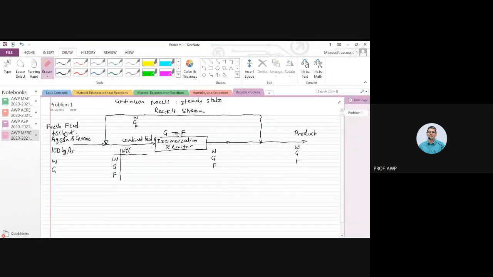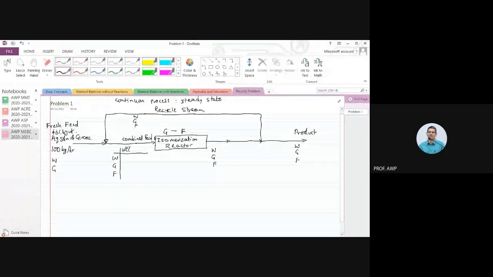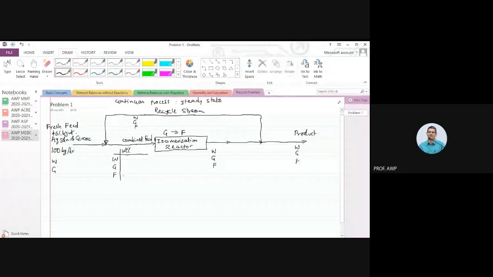But let's not worry about that just now. Let's assume that it is an irreversible reaction. But I would like to limit the amount of fructose that comes in, because that is unnecessarily wasting my volume in the reactor. So I would like the fructose in the reactor feed to be just 4 weight percent.